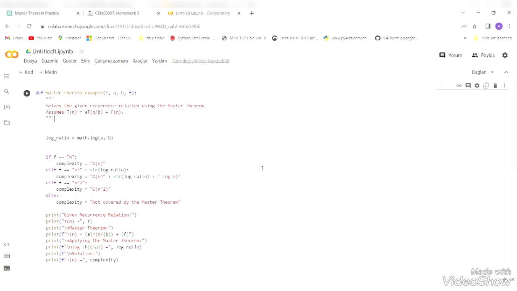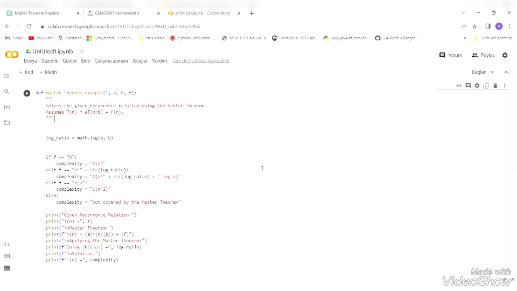And I solved the problem. We have a Python script that walks us through the solution of the recurrence relation using the master theorem. Let's break down the key components of this script.